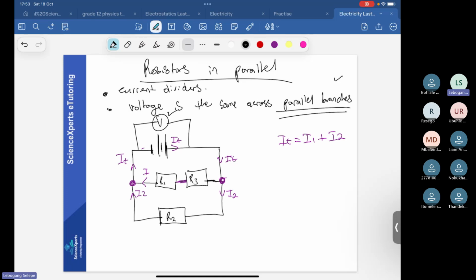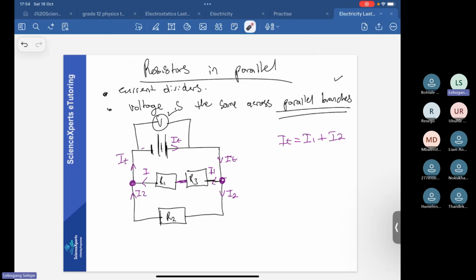By adding another resistor R3, you notice that R3 and R1 are in series with one another. There's no branching of the wire between these two resistors. It's just a straight wire connecting them, so they are in series. Remember we said that the current that goes on the upper branch, you can call I1.